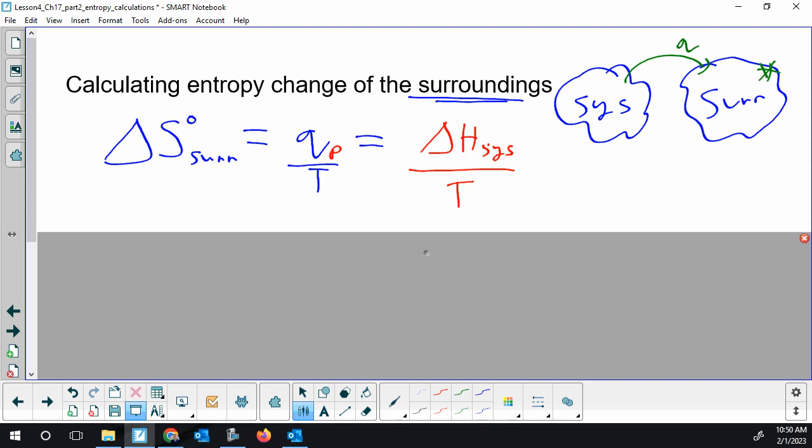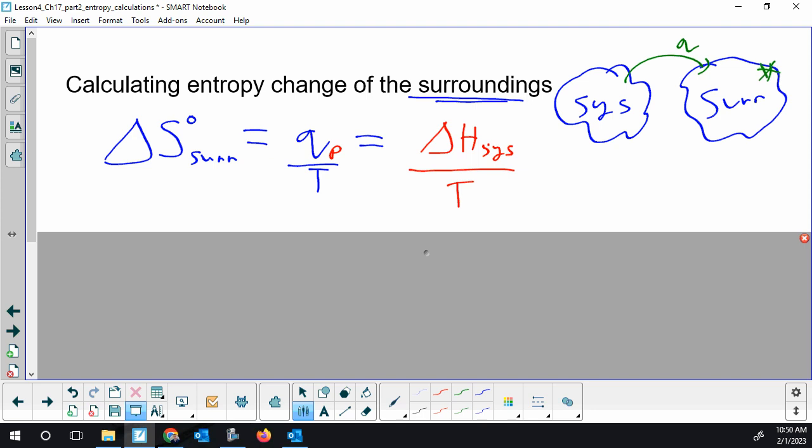That's sort of back from our first slide of the previous lesson. When things get hotter, there's a bigger distribution, the entropy is increasing. Okay? So when heat's pushed to this, we need to get a positive entropy. Okay? When heat is pushed to this, enthalpy change of the system would be negative. When heat's pushed to the surroundings, we'd have a negative enthalpy change.